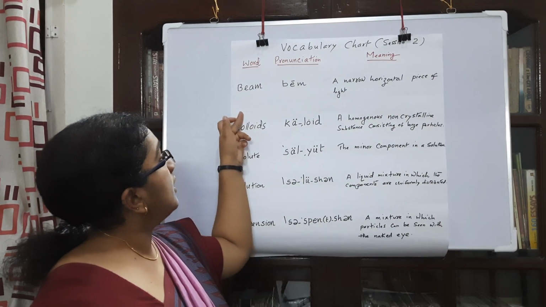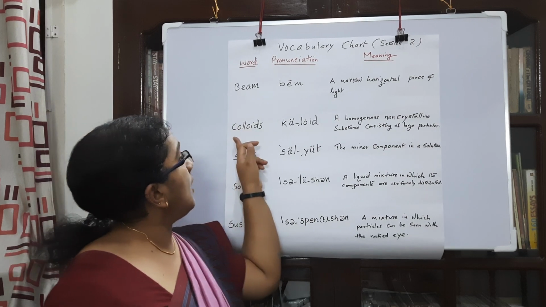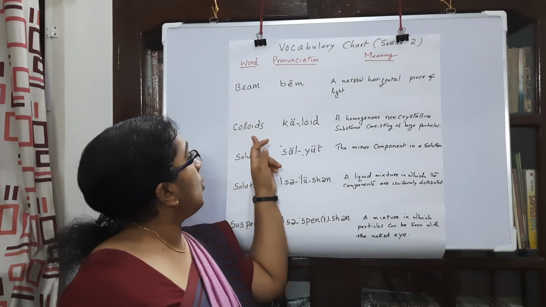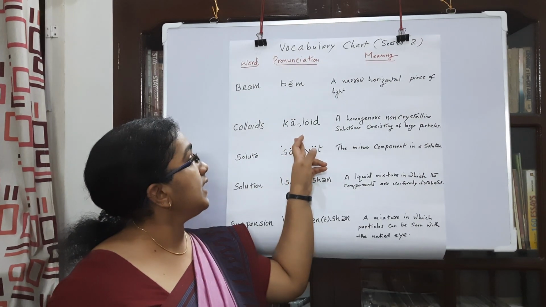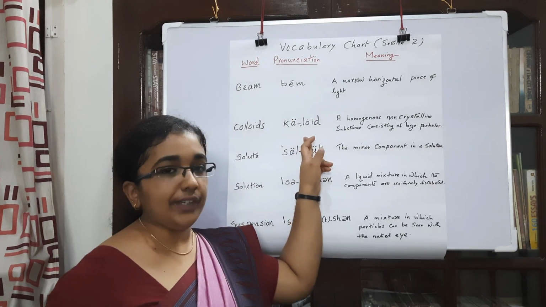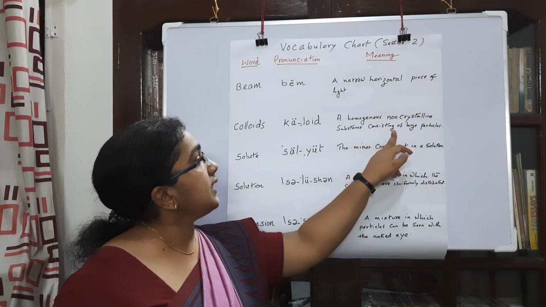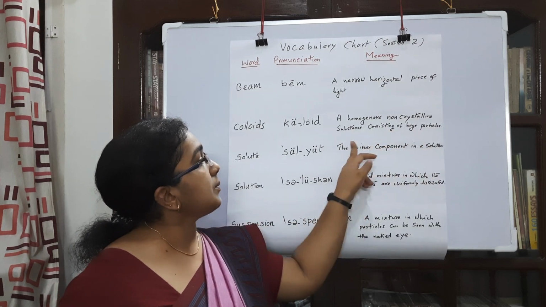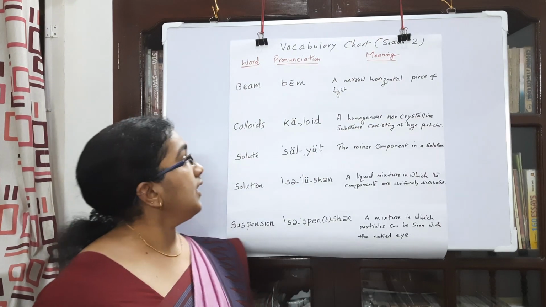Then the second word is COLLOIDS. The pronunciation for this word is colloid. The meaning is a homogeneous non-crystalline substance consisting of large particles.